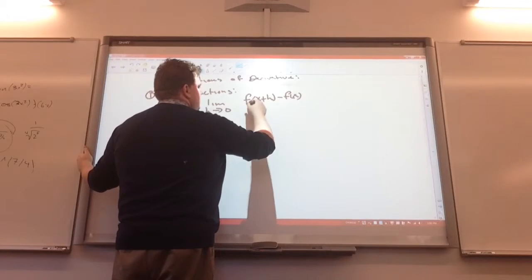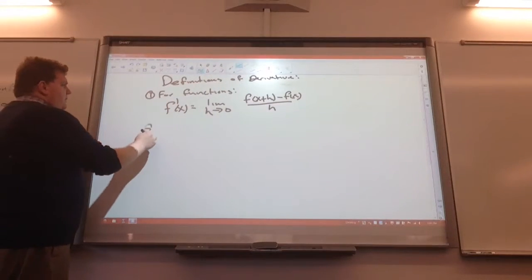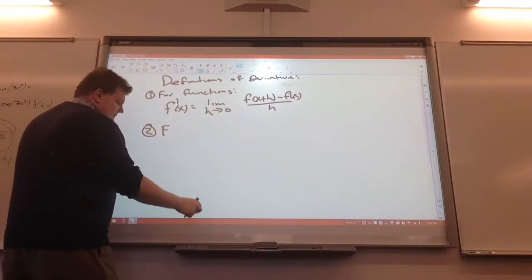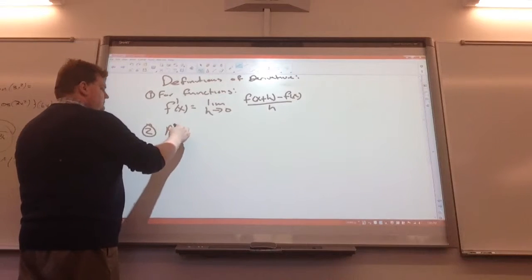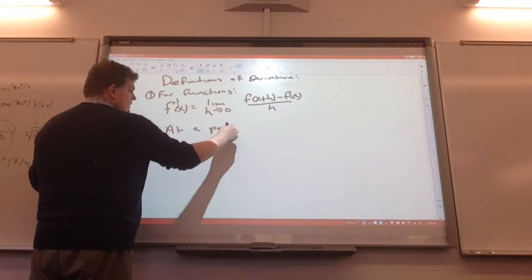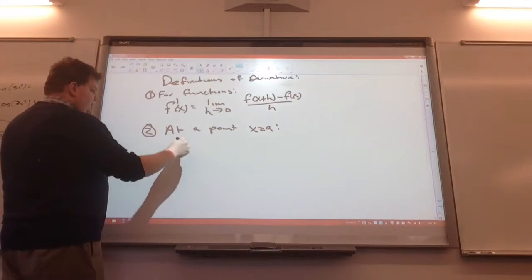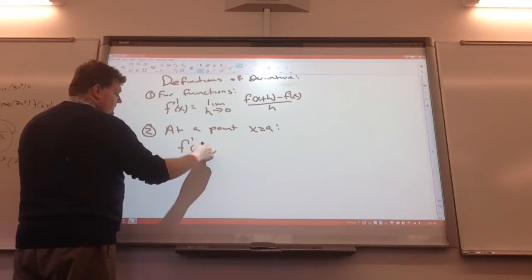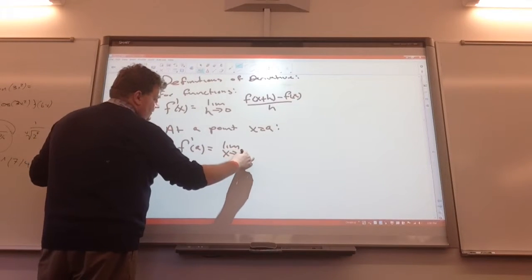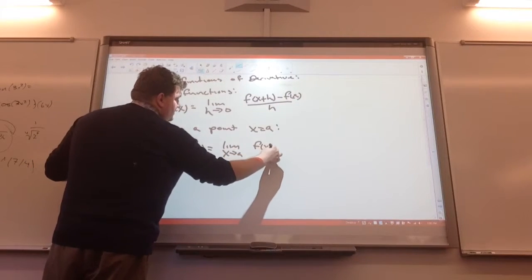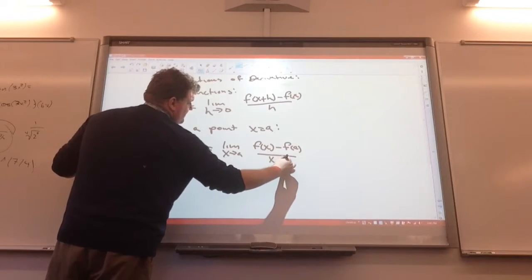Are we going to have to regurgitate this? Yes. And the other one is for a point, x equals a. It's f prime of a is equal to the limit as x goes to a of f of x minus f of a, all over x minus a.